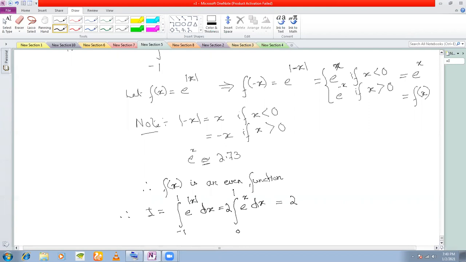Twice of integral e to the power of x, you know, is simply e to the power of x evaluated between the limits 0 to 1, which is equal to twice e to the power of 1 minus e to the power of 0. E to the power of 0 is 1. So twice e minus 1. That's it.